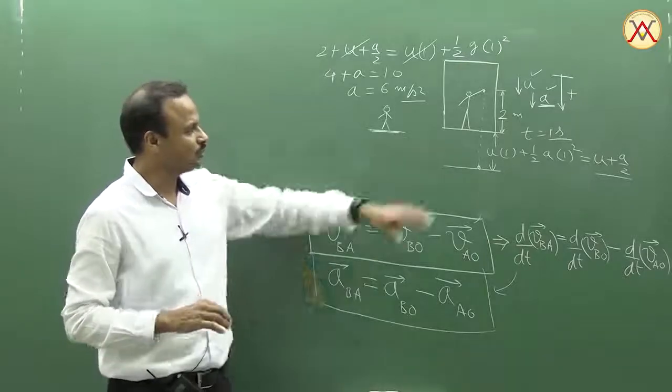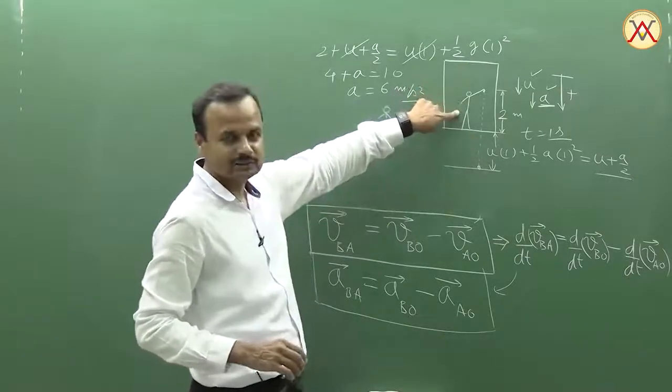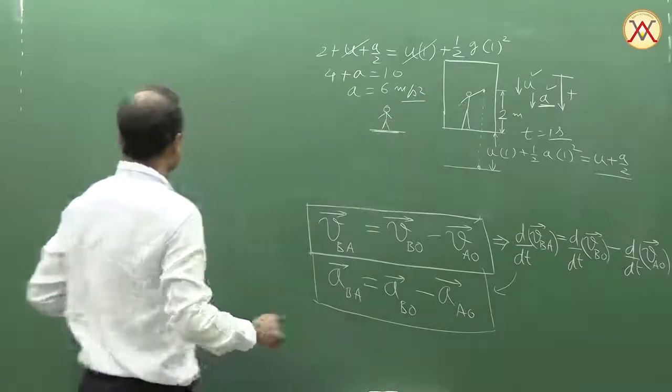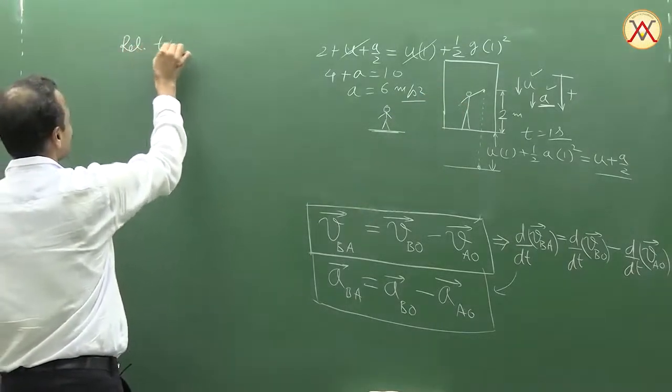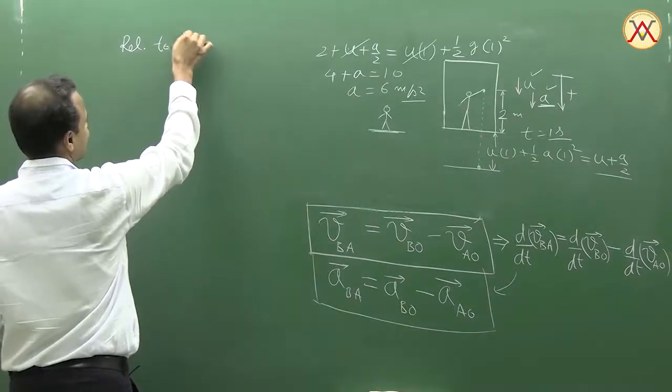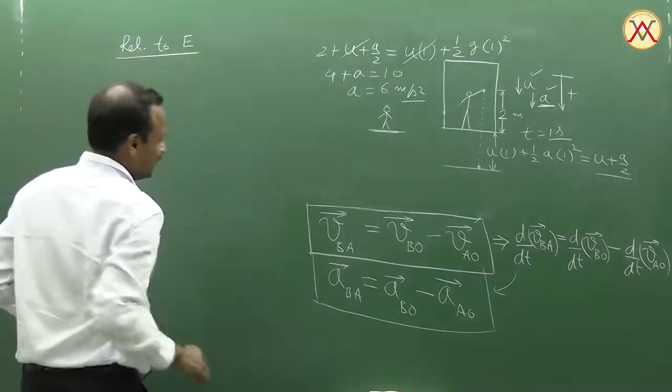Now let's try to do this from the point of view of the same person, the person in the elevator. We are now solving this problem relative to the elevator, or the elevator frame of reference.